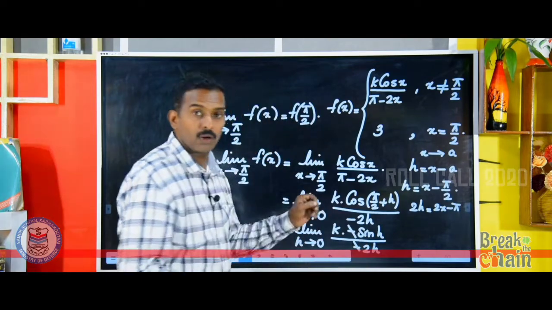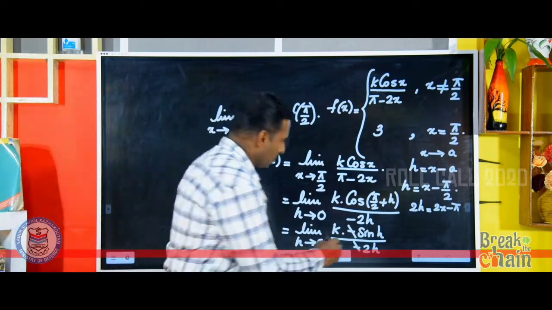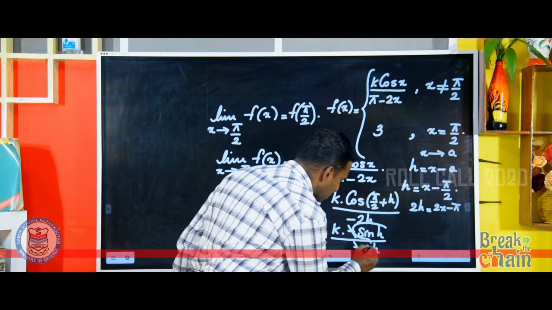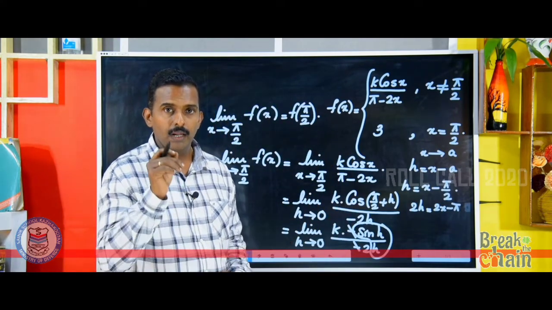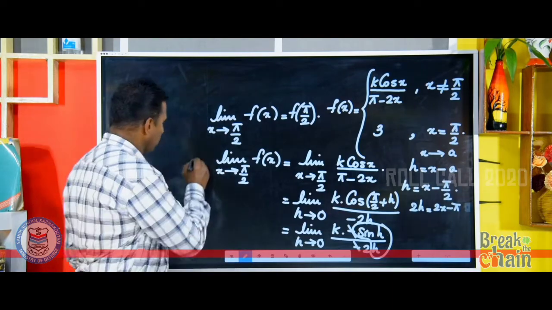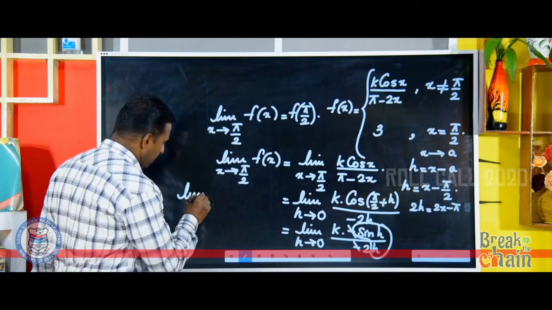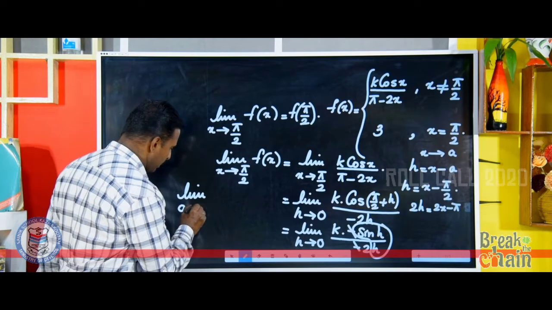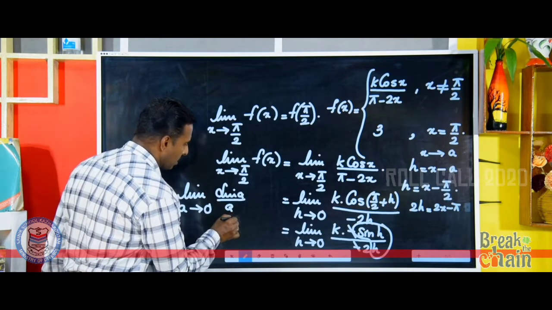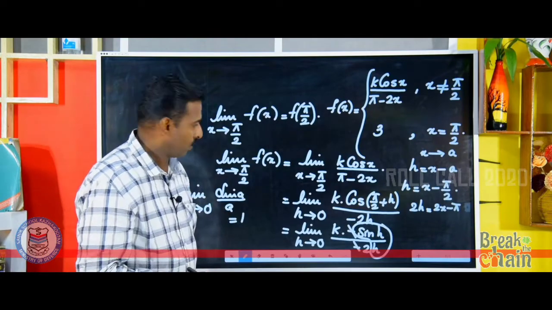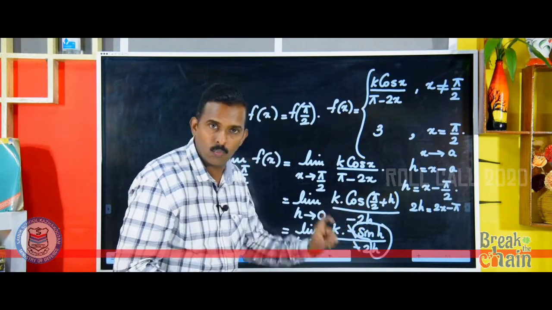You will come across a limit formula here. You have sin h by h, which is a limit formula. The limit formula is limit a tends to 0, sin a by a is 1. Therefore this limit will become 1.